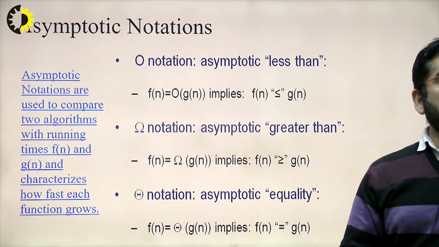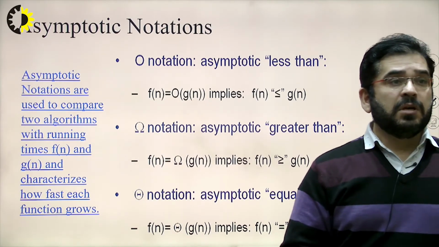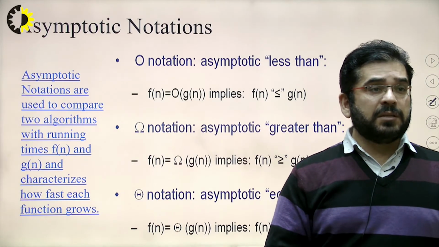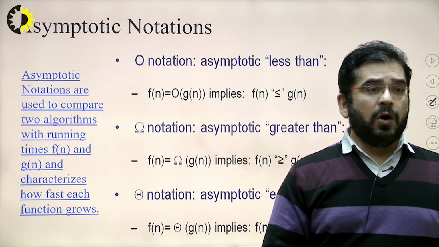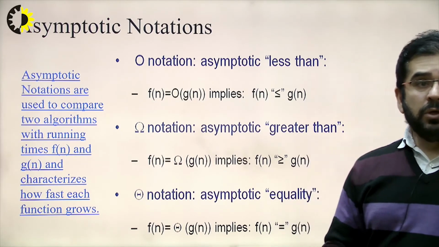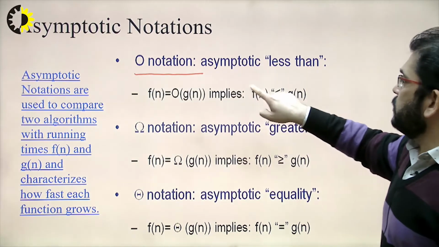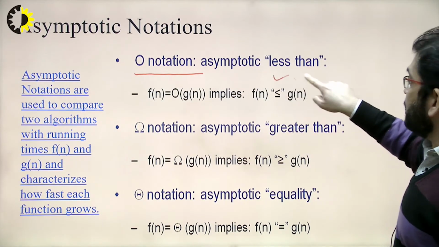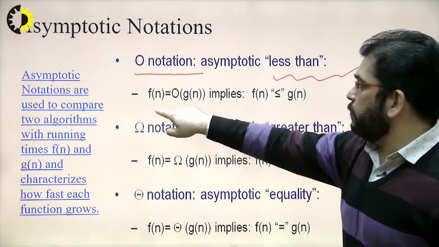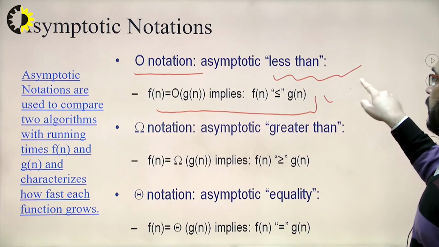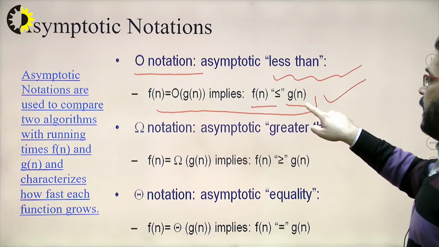Asymptotic notations are used to compare two algorithms with running times f(n) and g(n) and characterize how fast each function grows. So there are three major types of notations. Big O notation, which tells us about asymptotic less than time to be taken. The equation for this asymptotic notation is given here between two functions f(n) and g(n).